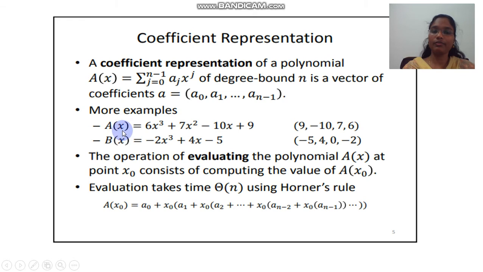For example, if I put x equal to 2, then I can apply this 2 over all these x values and calculate this polynomial. This is called evaluation. It takes Theta(n) time using Horner's rule.